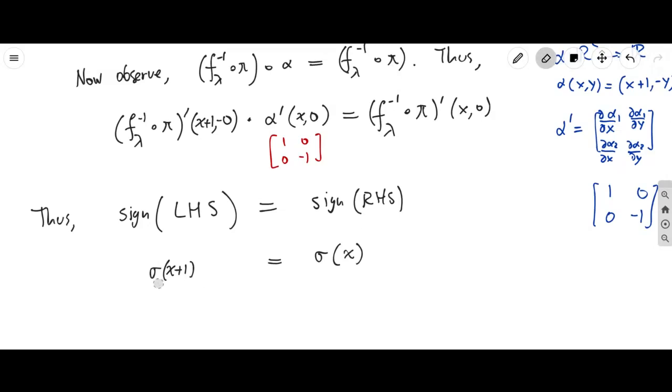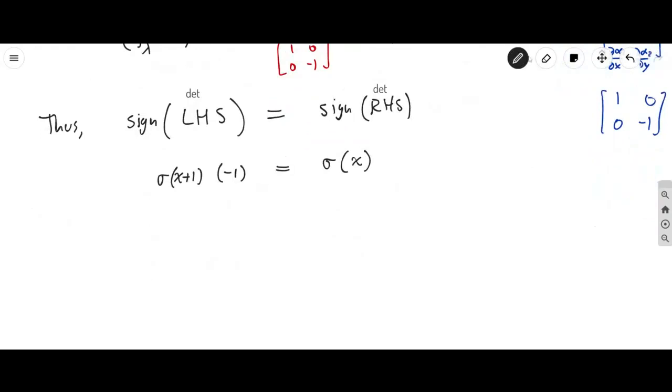But then you have to be careful that when you take, I should have said it's the sign of the determinant of the left-hand side and the sign of the determinant of the right-hand side. I forgot to say that. But this one, its determinant is negative 1. Now what's the problem here? Well, you can see what the problem is.